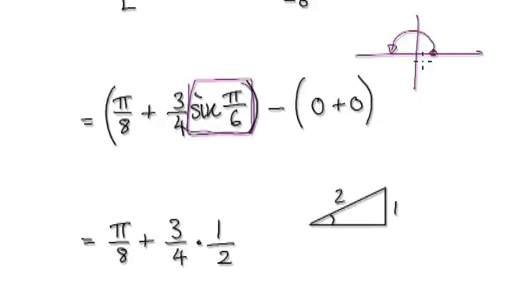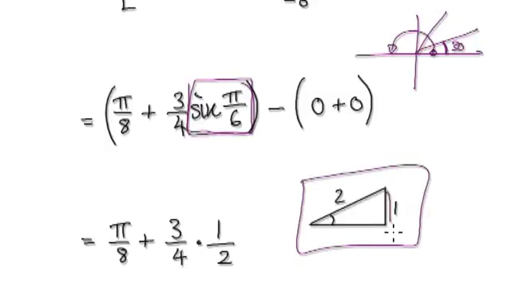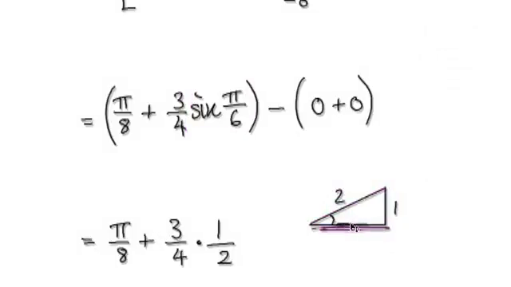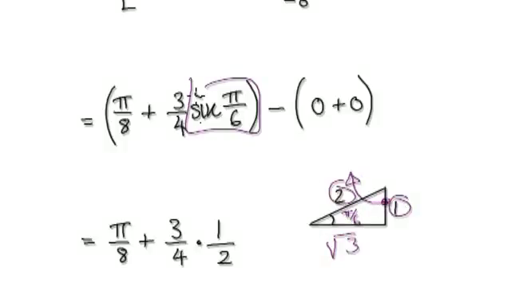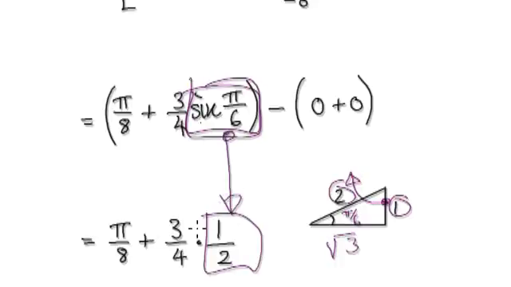Pi over 6 is like 30 degrees. If you think about 30 degrees, you should think about this famous triangle where the height is 1, the hypotenuse is 2, and the adjacent has no choice but to be root 3. This angle here is 30 degrees, but it is also pi over 6 in radians. So sine of this will be 1 over 2. So this block here is really a half.